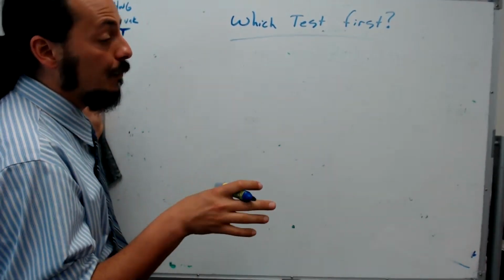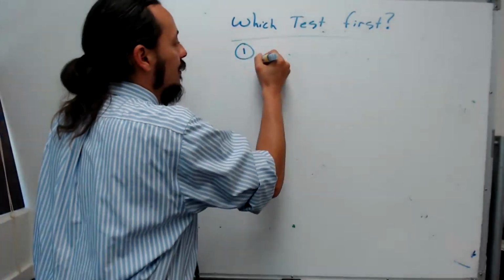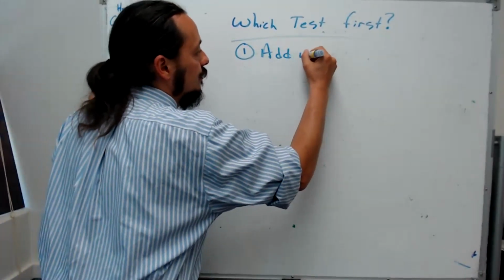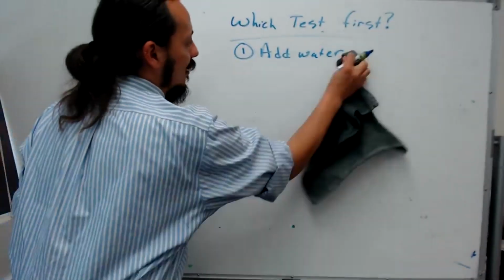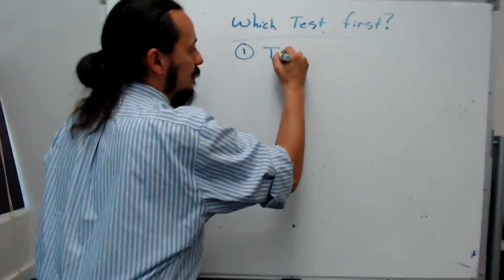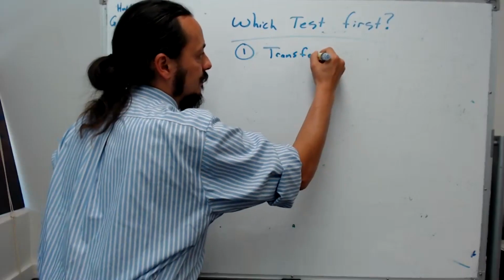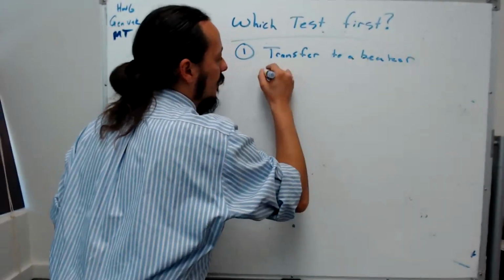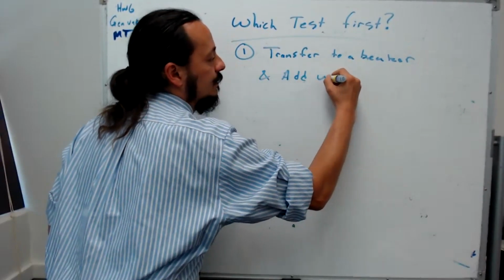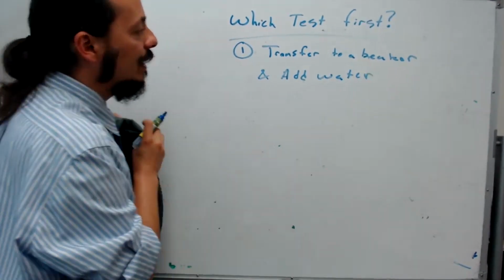Yes, strontium. So one of the things you can do, now this is going to be a little bit tricky. So first thing that you're going to want to do, well, let's change that a little bit. You want to transfer it to a beaker.